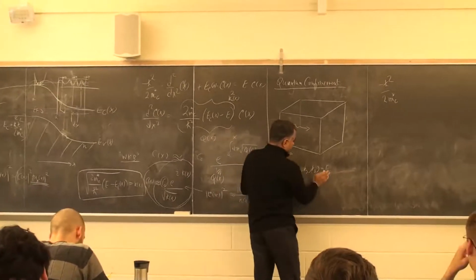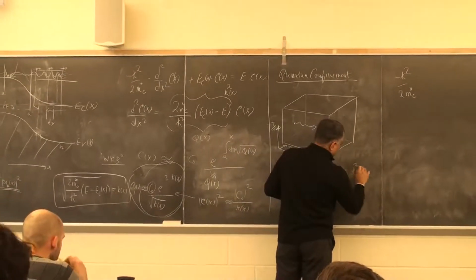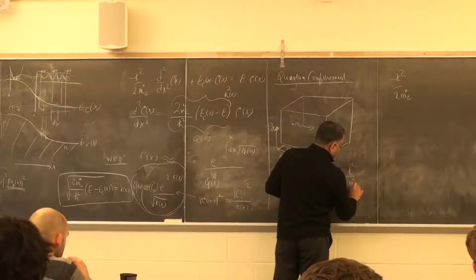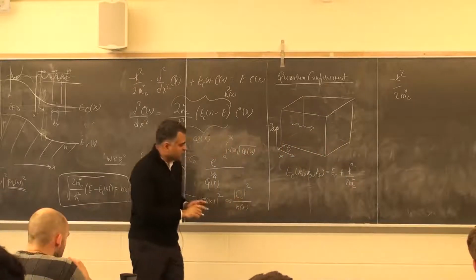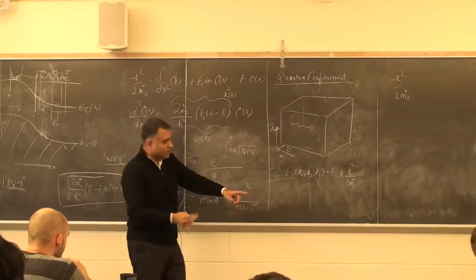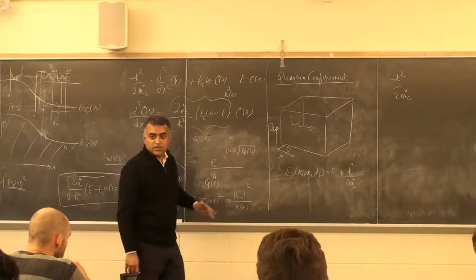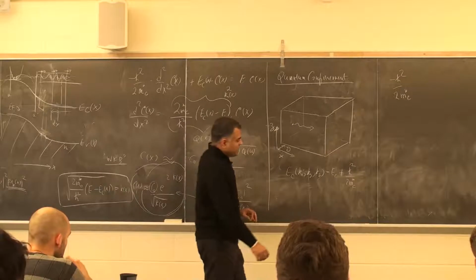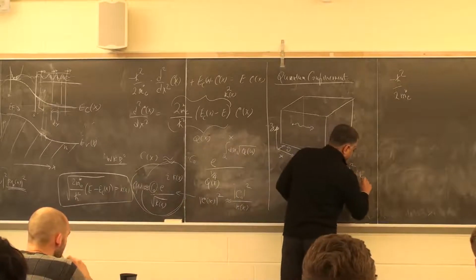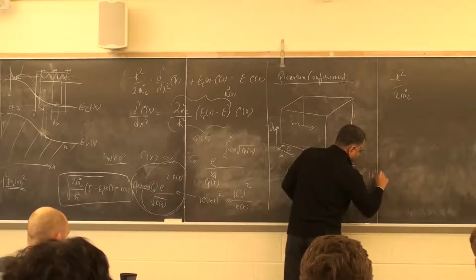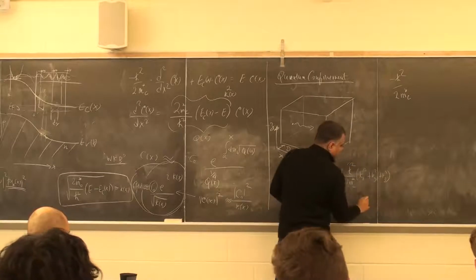This is a function and this is a constant, plus h bar squared over 2m star. And let's say also that the effective mass is isotropic, meaning whether it goes in kx direction, ky, kz, it's the same effective mass. Curvature is the same. It need not be so, but let's make that assumption. Kx squared plus ky squared plus kz squared. Does that make sense what I'm saying?